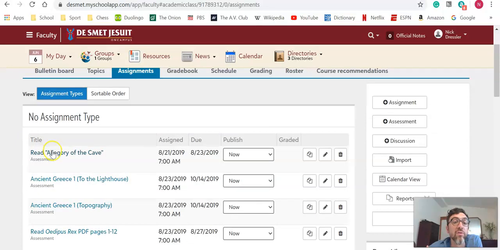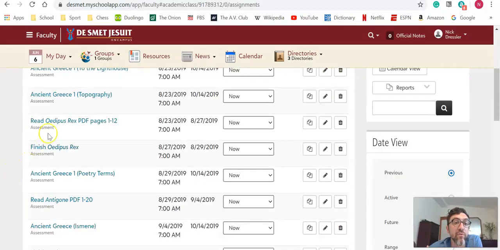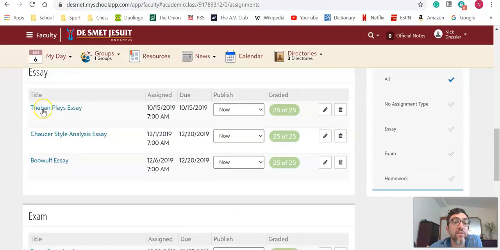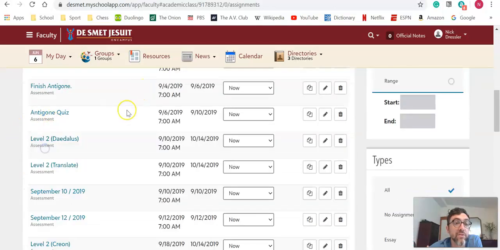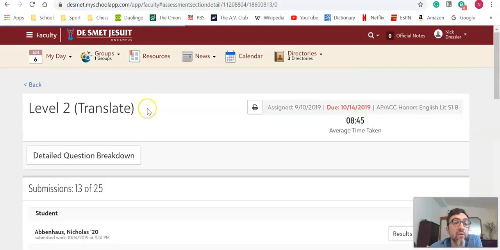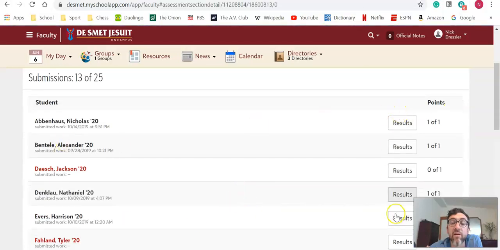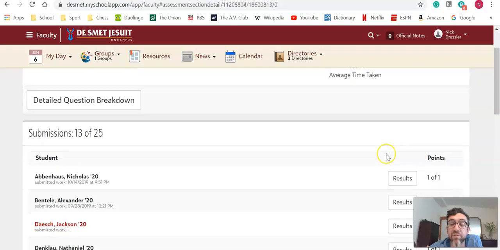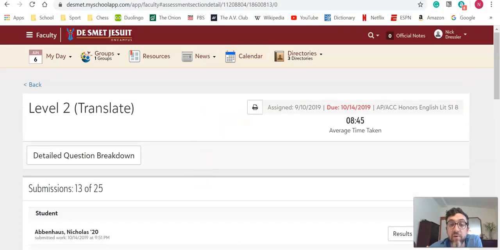And of course, as you do these assignments, if you ask for some sort of answer or something like that, as they do it, you can actually grade the work that they do in here, and then that puts it directly into the OnCampus gradebook. So the OnCampus gradebook is something that the parents, the teachers, and the administration can look at at all times, and we'll get to that in a minute.